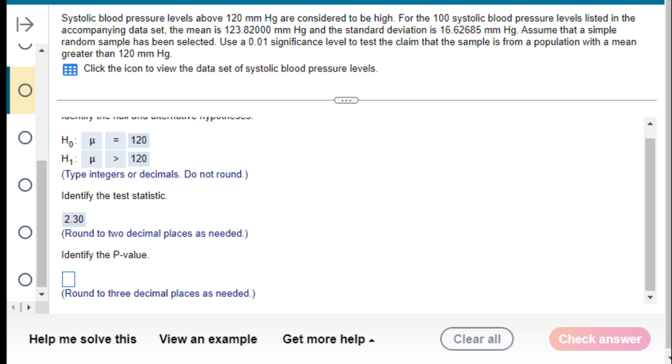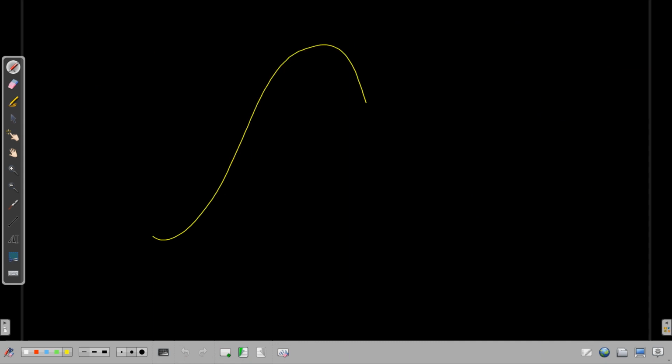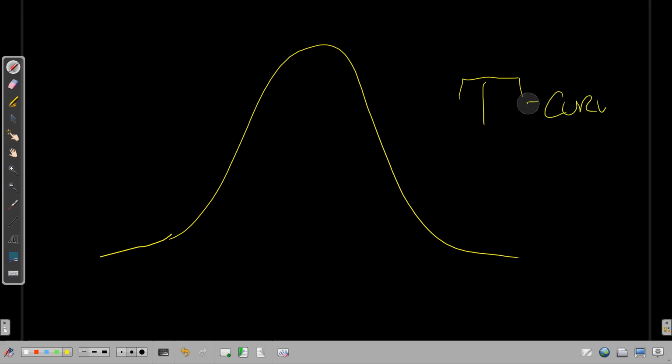Now they want me to identify the p-value. Well, this is the t-curve. It looks like the normal curve, but it also has the degrees of freedom.